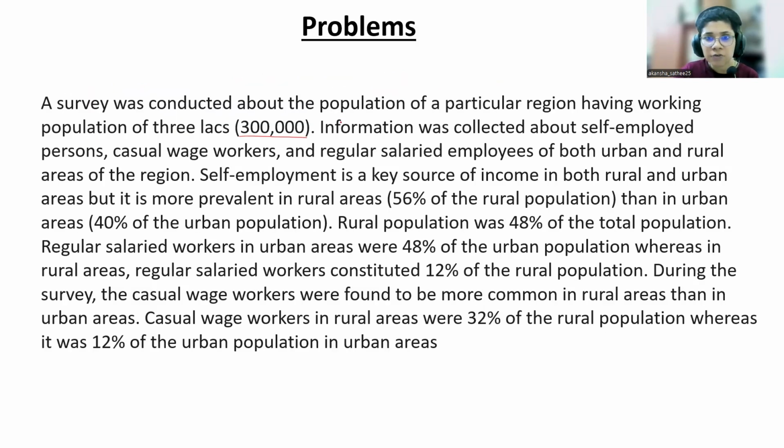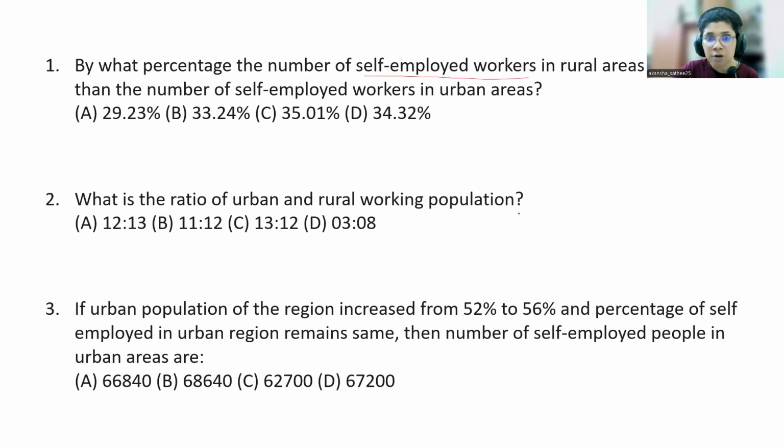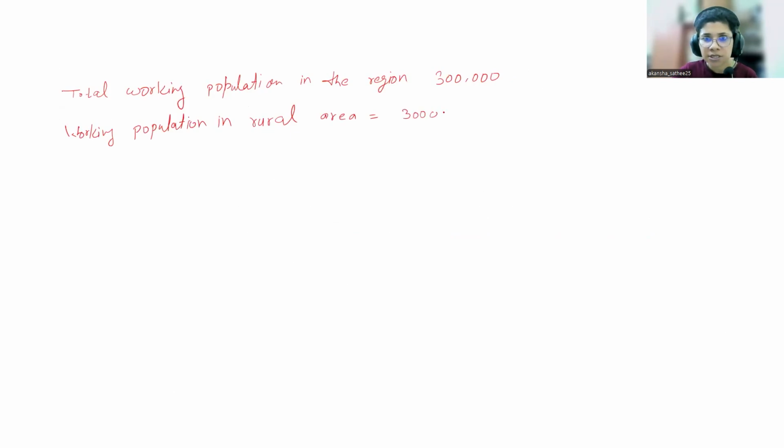Rural population was 48% of the total population, so the working population in rural area is 48% of the total, that is 3 lakh into 48 by 100.